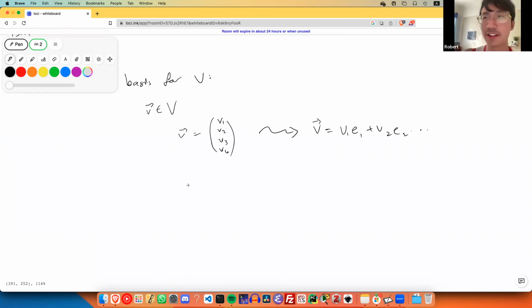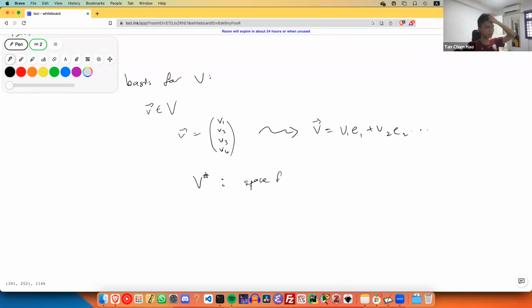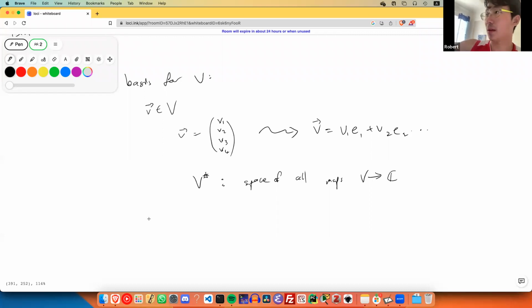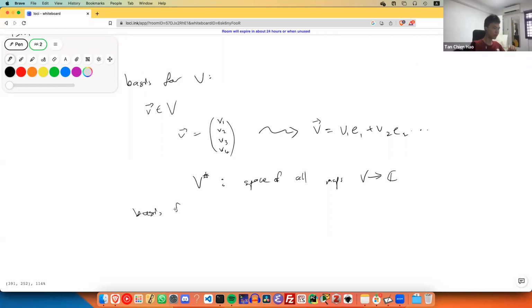Now, when people talk about a basis for V star, V star is the space of all maps from V to the underlying field, which let's say is the complex numbers. So how do we get a basis for V star?